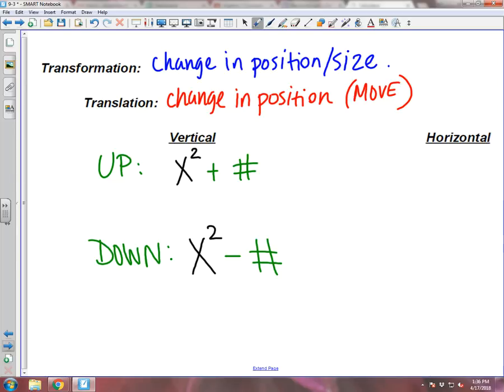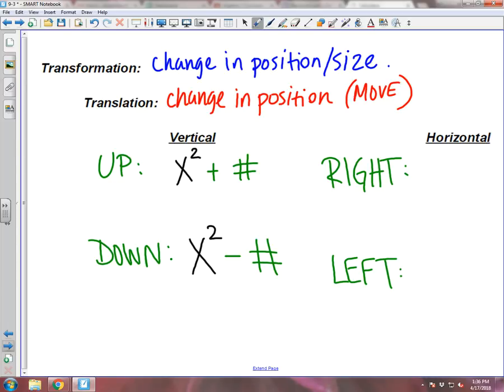Okay. Horizontal is not quite so self-explanatory. You guys know which way horizontal goes, right? Side to side. So I could either move this thing to the right, or I could move it to the left. If I move it to the right, that is that direction, correct?